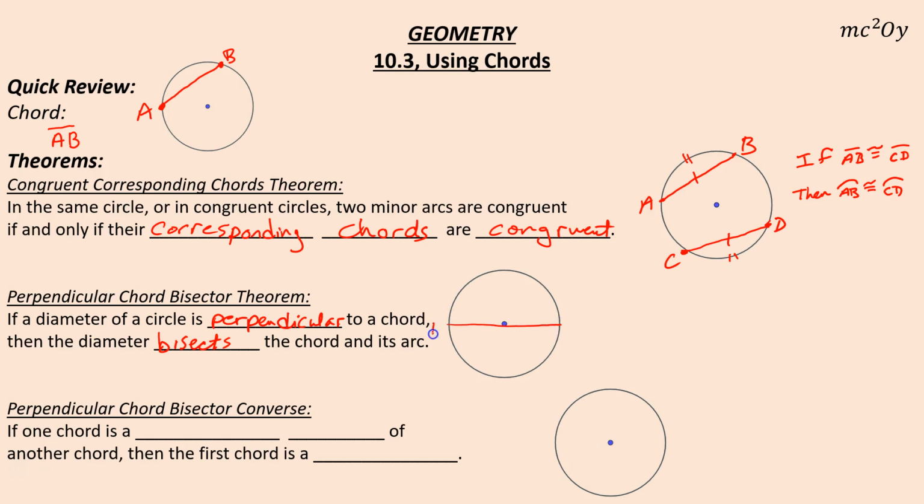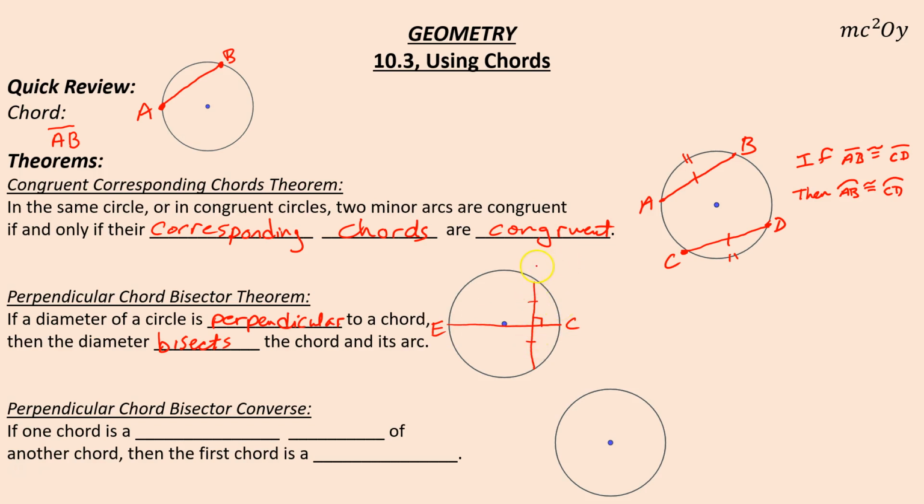We'll call it EC. Switch up some letters here. If that diameter intersects a chord at a right angle, okay, it's perpendicular to it, then the diameter also bisects the chord. So as long as the diameter is perpendicular to a chord, it will also bisect it.